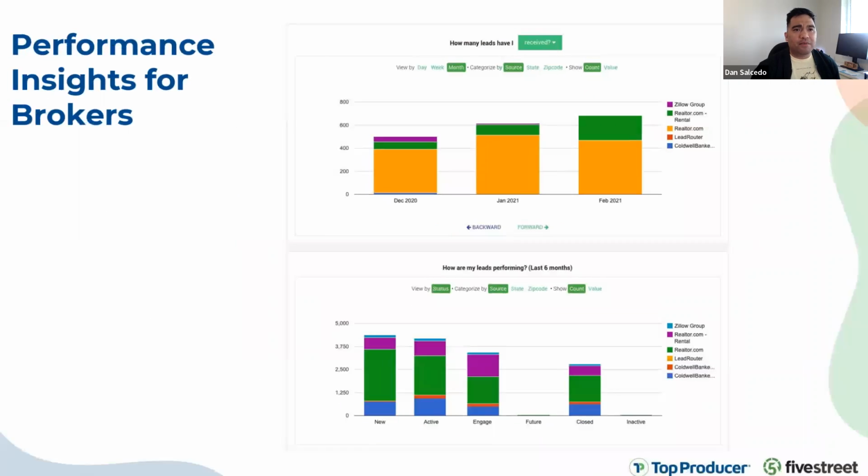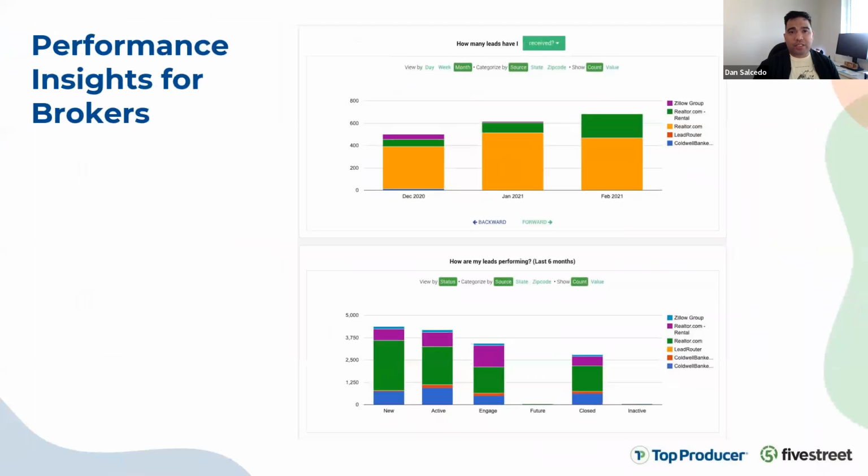That's what we mean about the performance insights for brokers. This is not just for a large organization. If you are that solo agent, this will also make sure that your hard-earned money is well spent. You're very tight on the budget, you don't have the resources a larger company would have, and you need something to help you make those decisions about where you should put your dollars to maximize your return on investment.